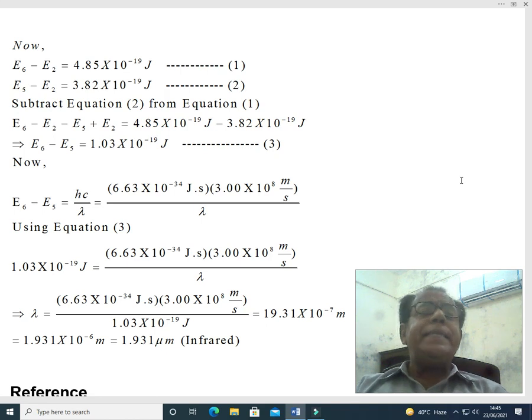E6 minus E2 minus E5 plus E2 is equal to 4.85 into 10 raised to the power minus 19 joule minus 3.82 into 10 raised to the power minus 19 joule. This implies that E2 will be eliminated and E6 minus E5 becomes equal to 1.03 into 10 raised to the power minus 19 joule.